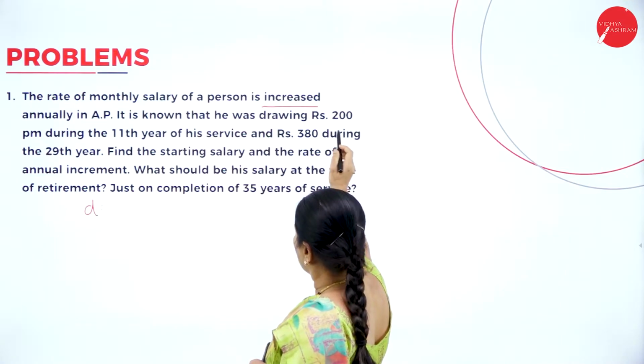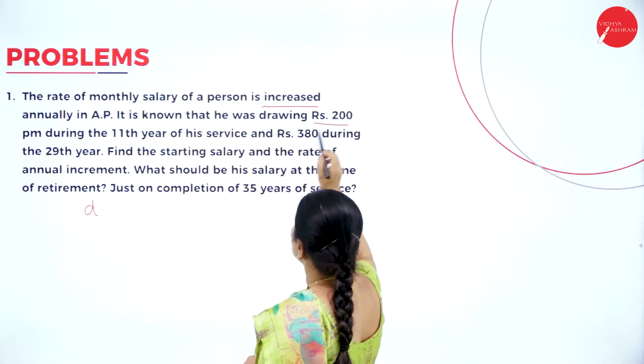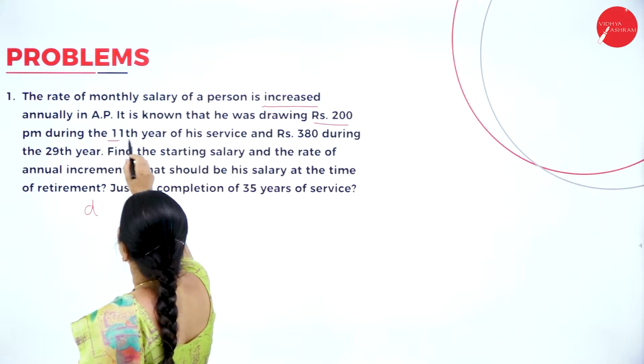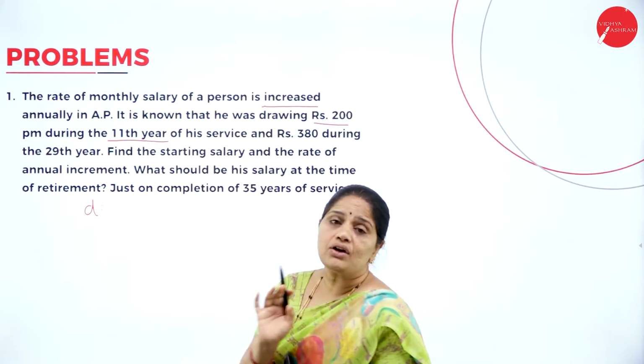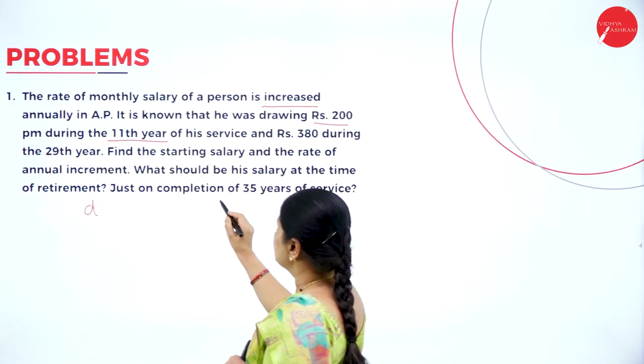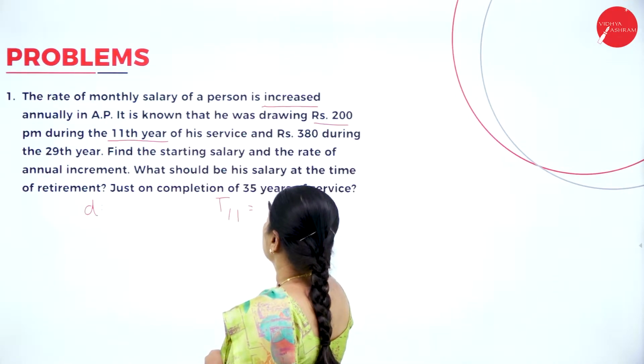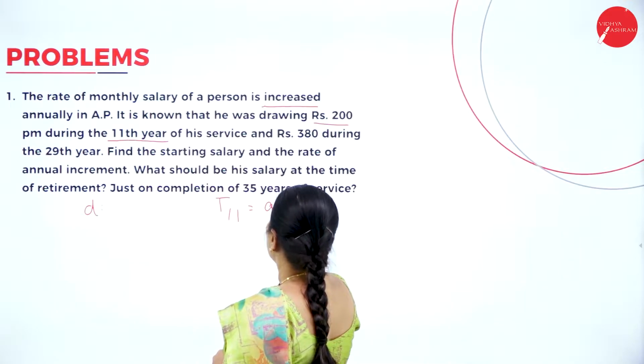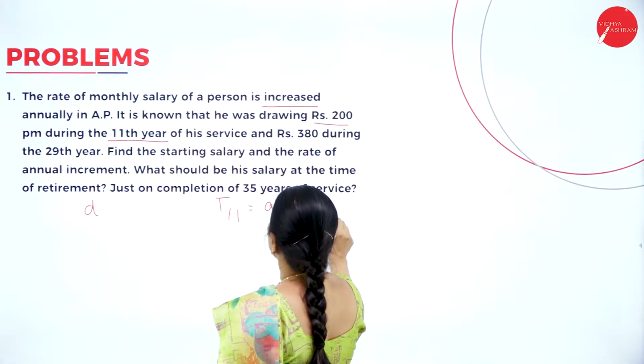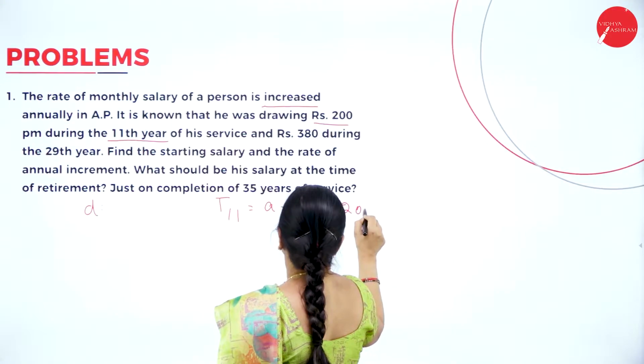And they have also told he was drawing rupees 200 per month during the 11th year of his service. So, 11th year means T11. T11 equals A plus 10D equals 200.